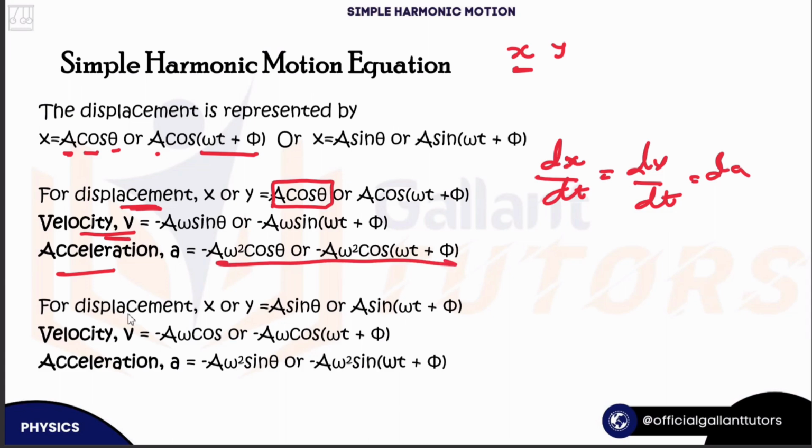And on and on. So what if the displacement is A sine theta and not A cos theta? What happens? By differentiating it also, following the same steps, we arrive at this. So what's the trend? What can you notice? We start with cos, then sine, then cos.